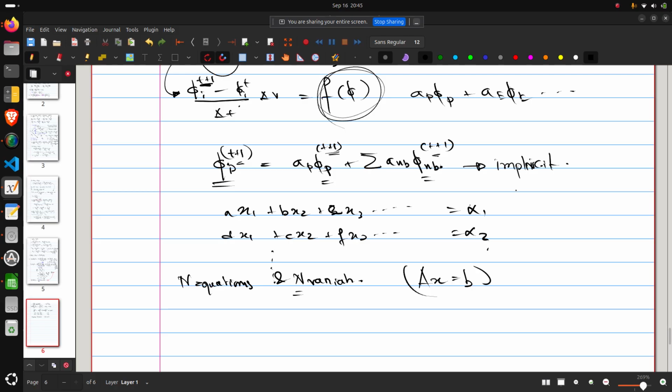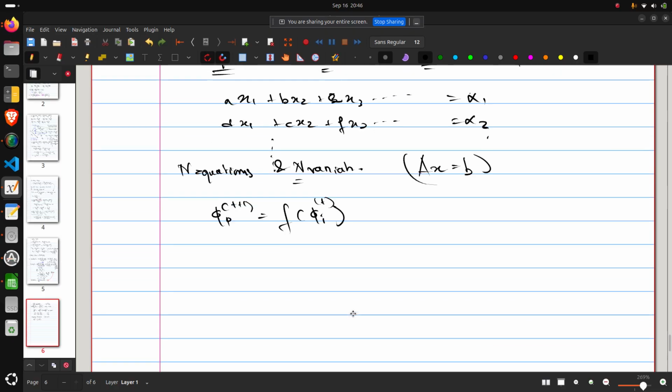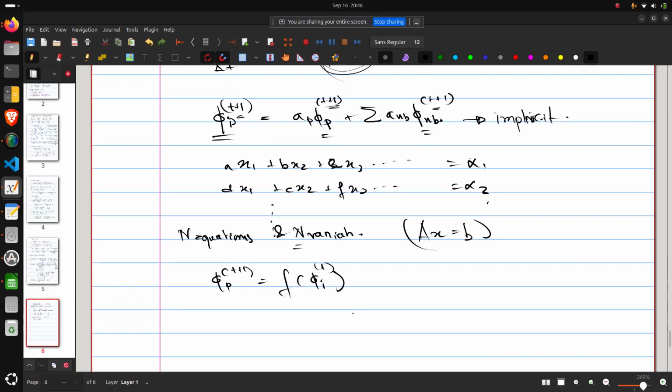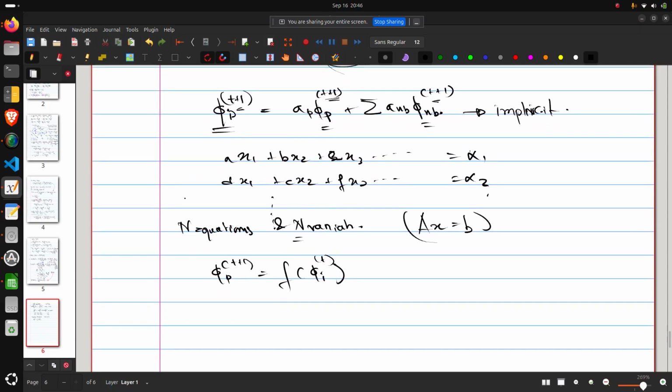But if you have something like this, for example, if φ_P at t+1 is only a function of φ_I at the previous time step, right? In the stability part of the course, you have seen the importance of the implicit and the explicit schemes. So this is the main concept.